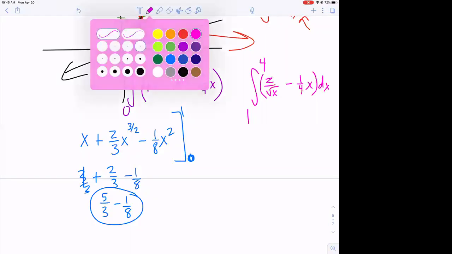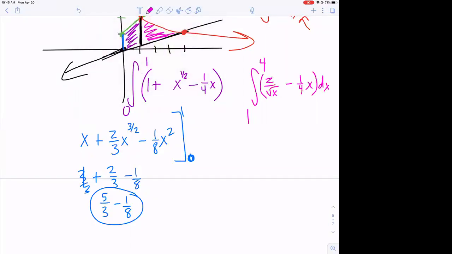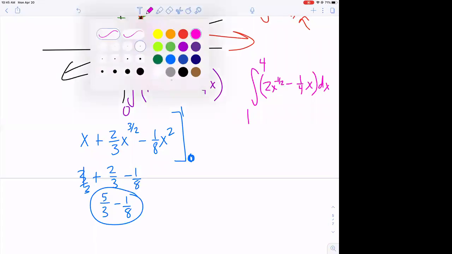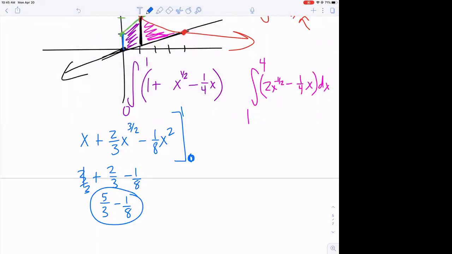All right. So now I come in here. I'm going to make this one 2x to the -1/2 before I go up. So now I'm going to go backwards. So this is x to the 1/2, but you have to attach, it would be 4x to the 1/2, I think. Yeah. And then minus 1/8 x squared again from 1 to 4.